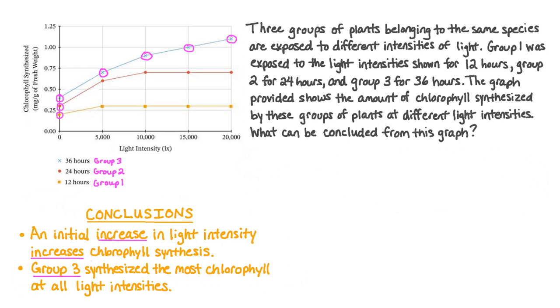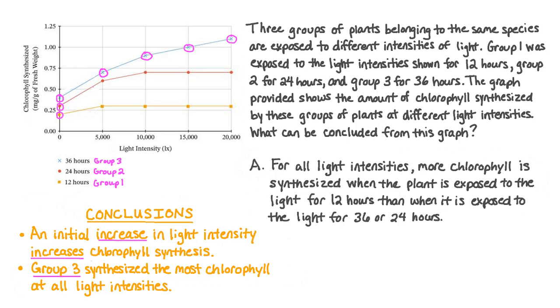So let's bring back the answer options one at a time to determine the correct one. For all light intensities, more chlorophyll is synthesized when the plant is exposed to the light for 12 hours than when it is exposed to the light for 36 or 24 hours. We concluded that Group 3, the 36-hour group, synthesized the most chlorophyll at all light intensities.